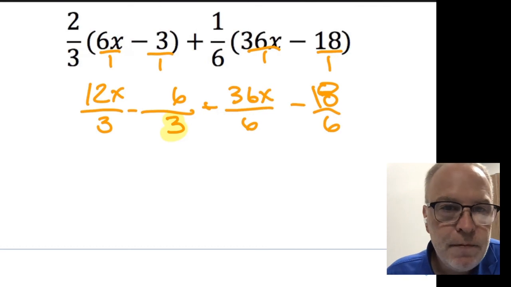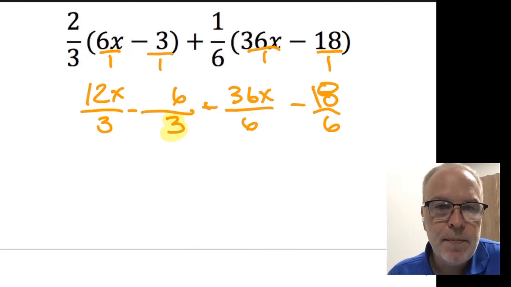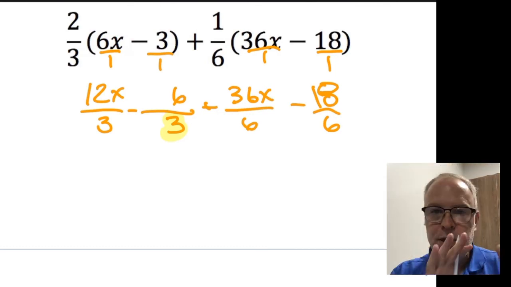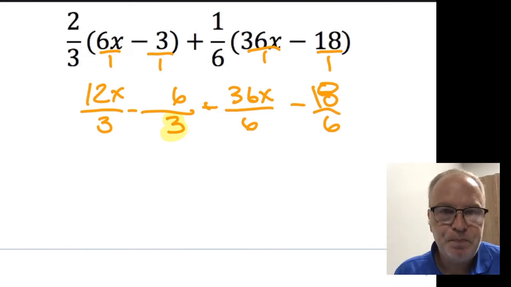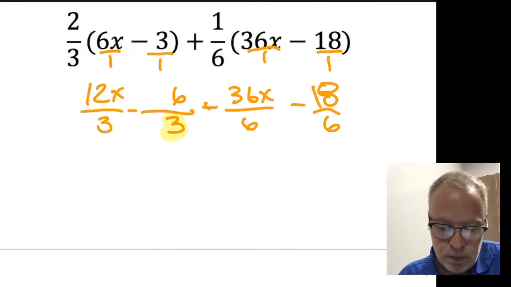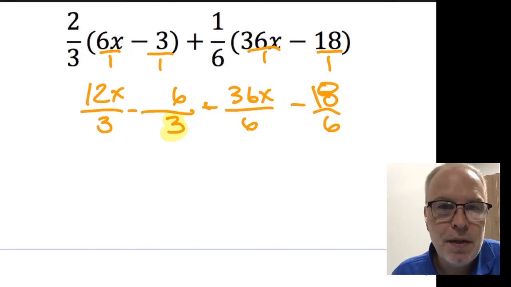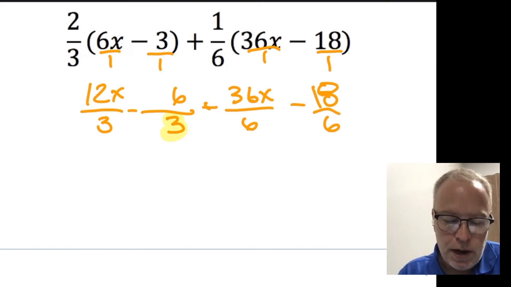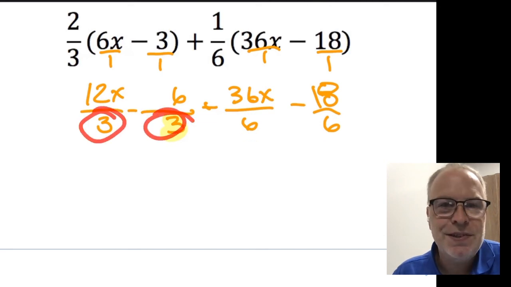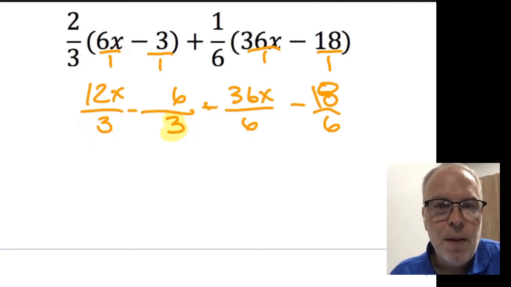Now, in order to add fractions, you have to have common denominators. So I have lots of positives and negatives. It's ready to combine. So actually, now that I look at this, we don't even need to. What I was thinking I was going to do is convert these to sixths, and then I could add. But you know what?